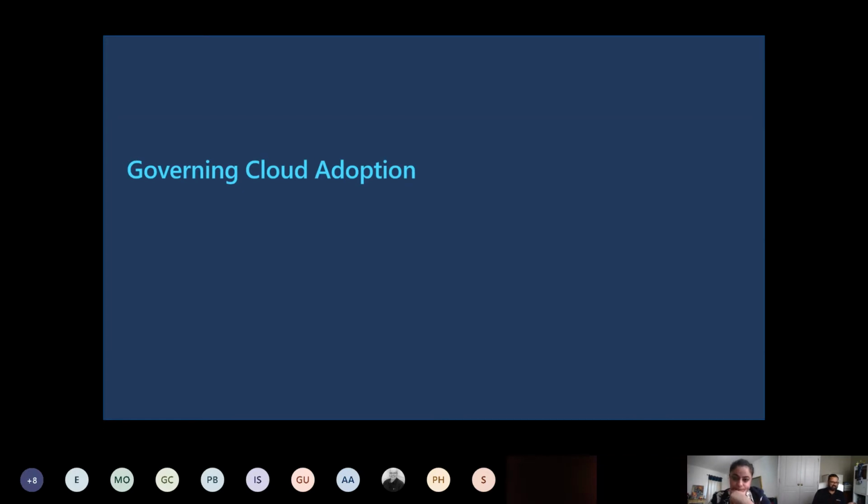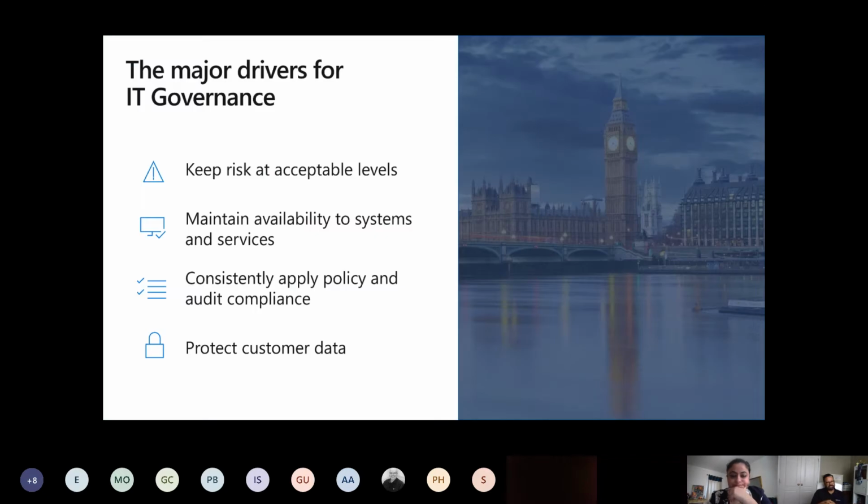But now I'm going to talk more about the governance part of the adoption process. Basically, once you have something in cloud, or even just you're trying to move into the cloud, you always need to talk about how we are going to govern and secure your workloads. There are drivers for this. Basically, this comes from the risk factor, right?